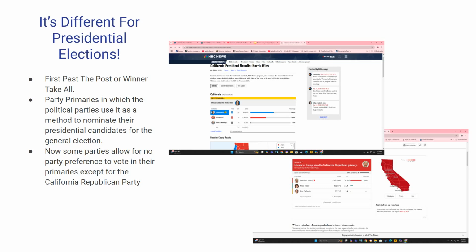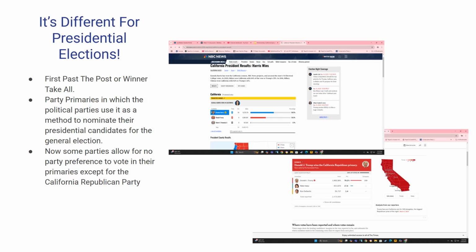California still uses party primaries, where individual political parties, which are private organizations, run their own mini primary elections where only members of their political party can vote in that party's primary to choose who represents them in the general election.